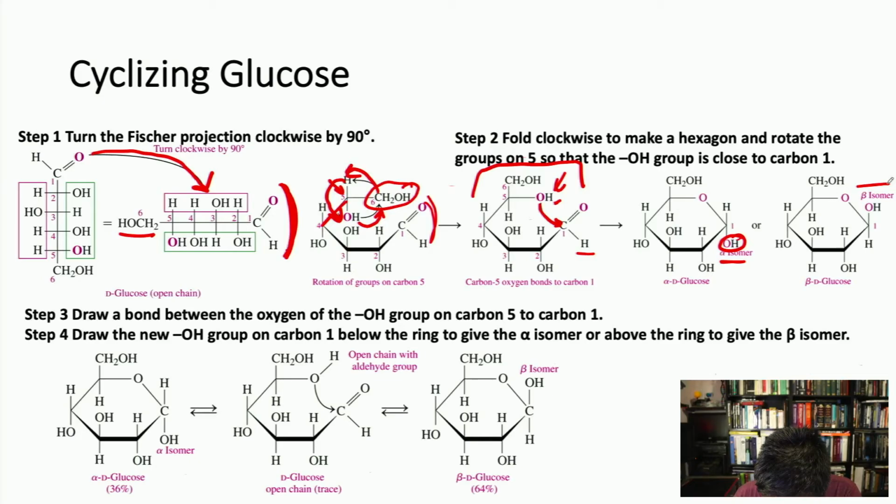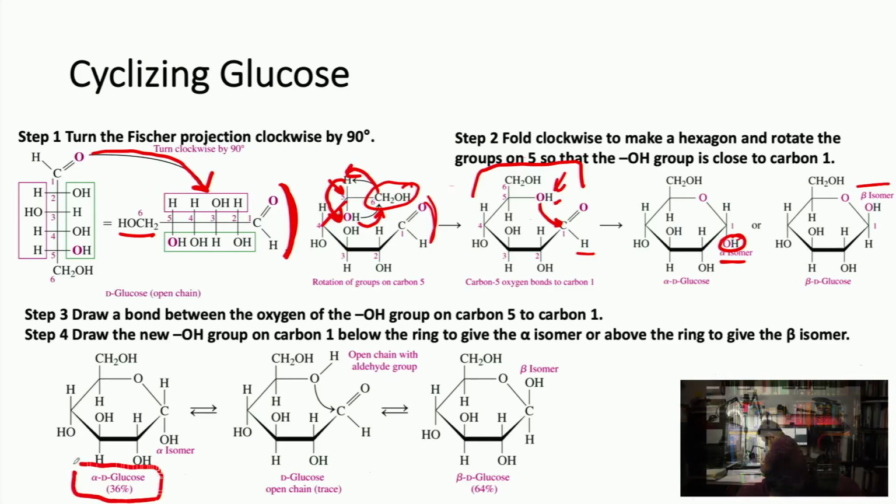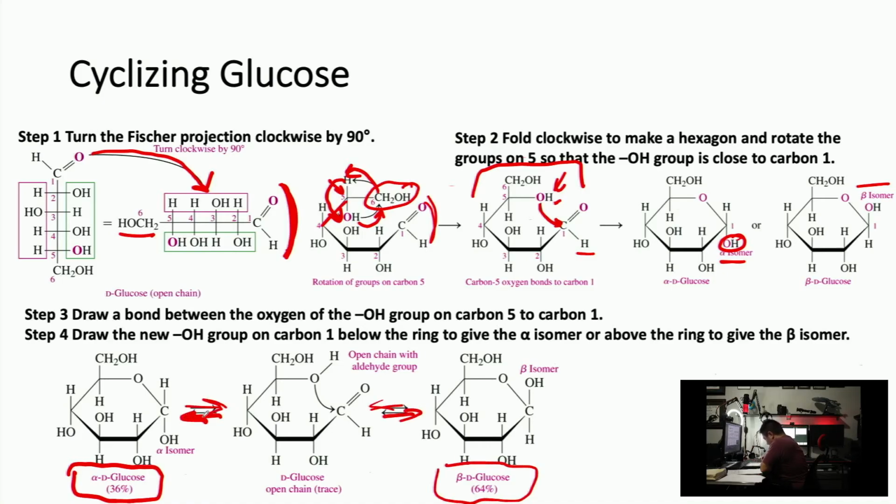And just to reiterate, in nature, and when these sugars are in solution, for example glucose here, they're going back and forth between being the alpha version and the beta version, with very little trace amounts being the open chain. It can be either one of those when this oxygen does the attack to form that bond between it and the carbonyl carbon.